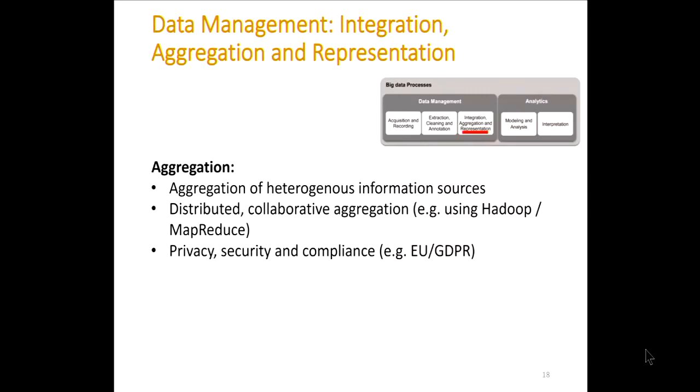So here it's much easier than integration because you have the knowledge and the information about the relation between the data, and then you're just trying to accumulate the information about this data instance from multiple sources, and hence enrich your data. So here it's more storage systems for Hadoop that can manage that for you, accumulating all the data from multiple sources.